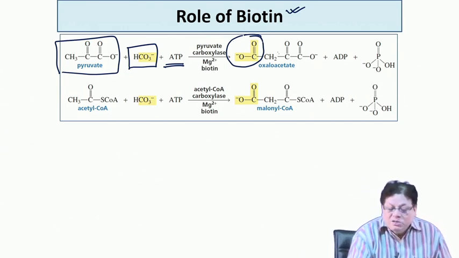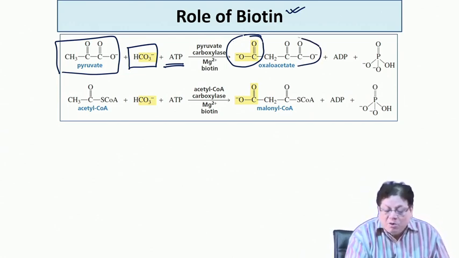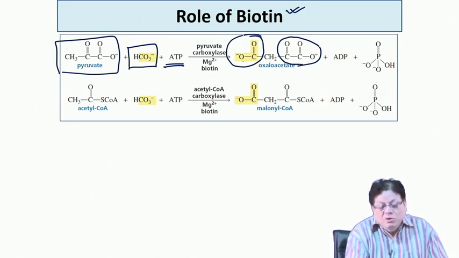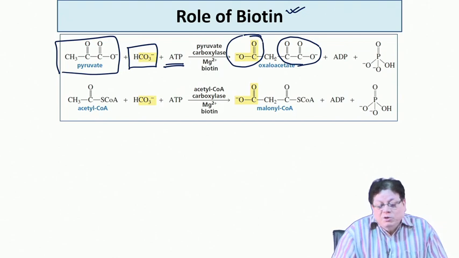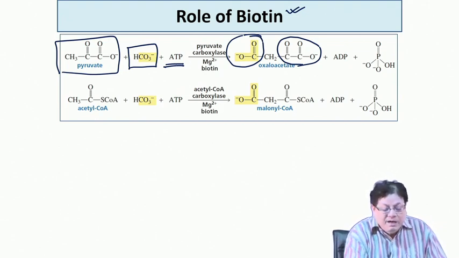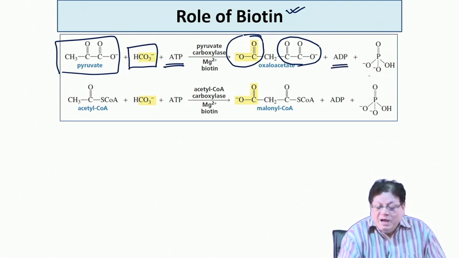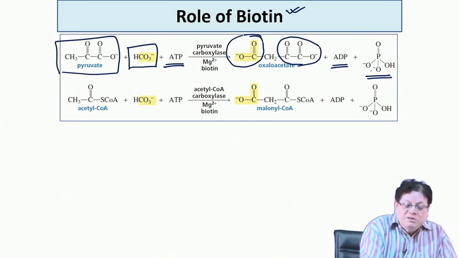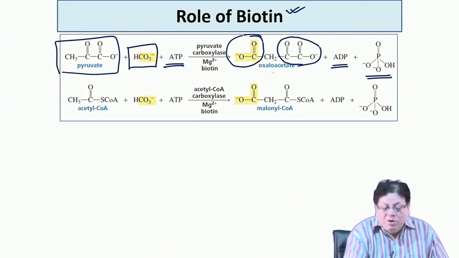So, you get oxaloacetate. This is the oxalyl group, and this is the acetate moiety. You also get ADP and a phosphate. That means ATP is hydrolyzed, and the energy of this is utilized to do this reaction to form oxaloacetate.